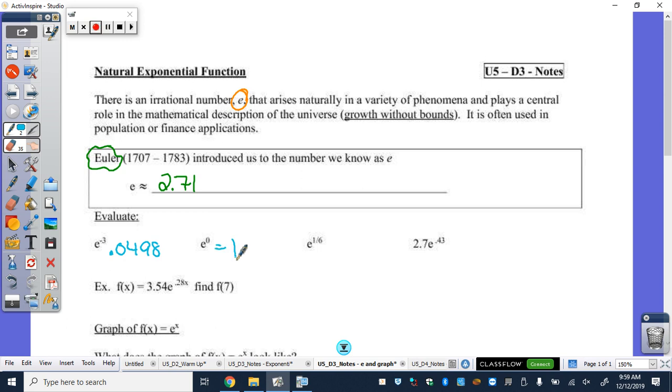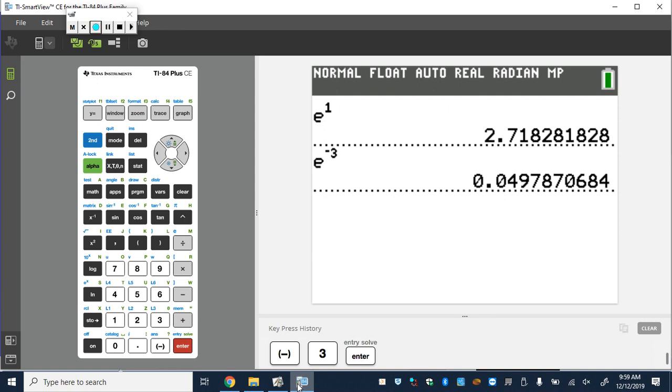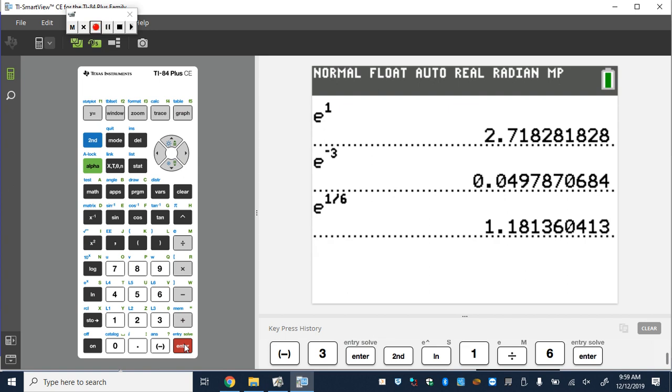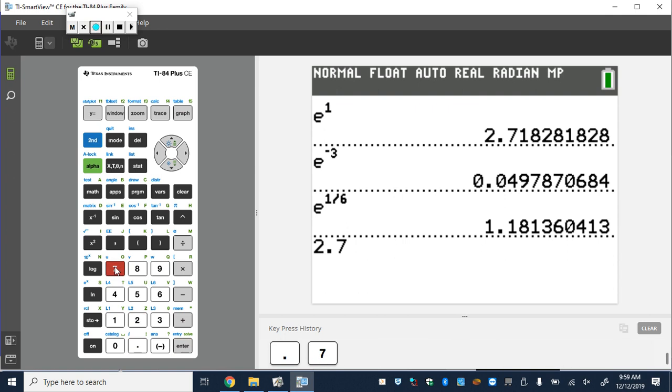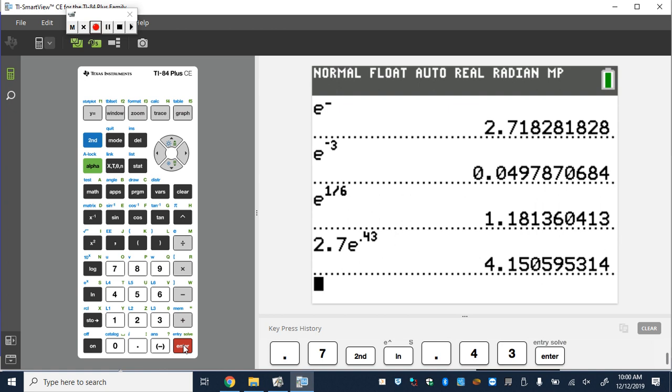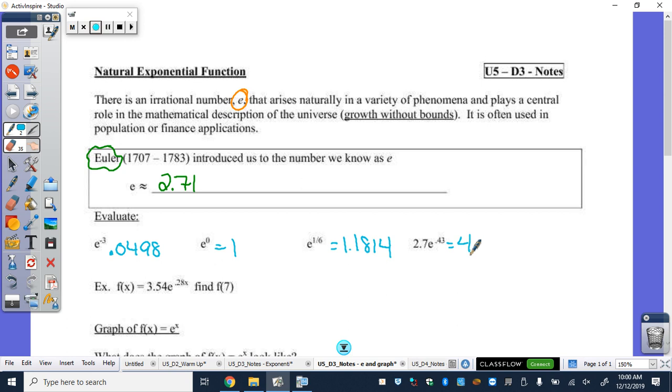So e to the 1/6 is 1.1814. And then 2.7 times e to the 0.43. That's 0.43 in the decimal up there in the exponent. So 4.1506.